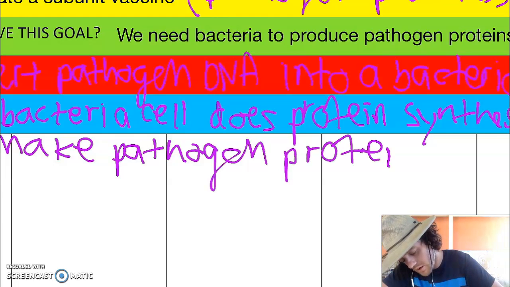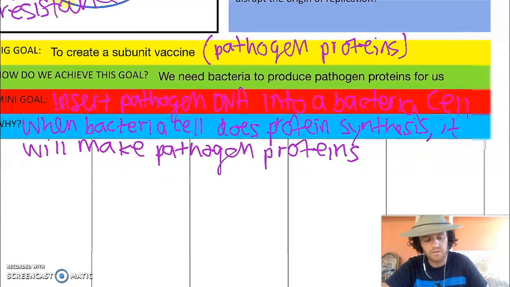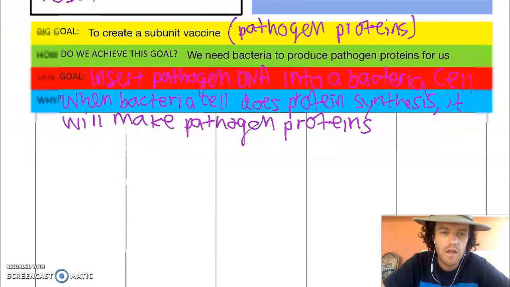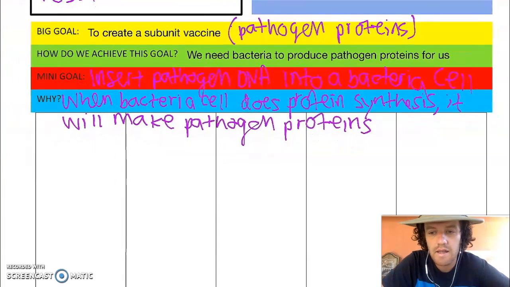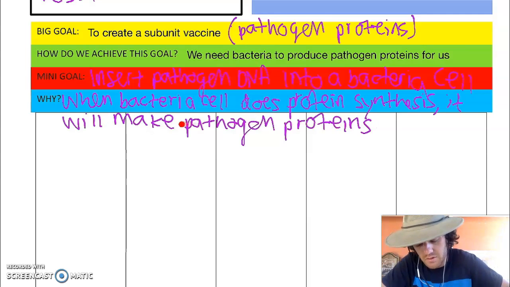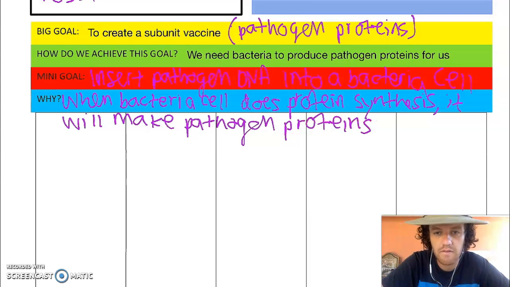This is all going back to the video that I posted on Friday, where basically what we're trying to do is to trick bacteria cells into making pathogen proteins for us. Because once these pathogen proteins are made, they can be bottled up, and those are our subunit vaccine.